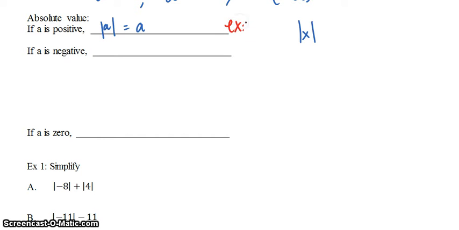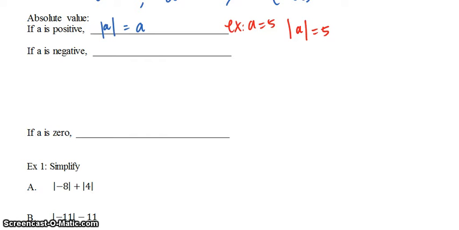Example. If A equals 5, then the absolute value of A equals 5, because it's whatever A is if it's positive.